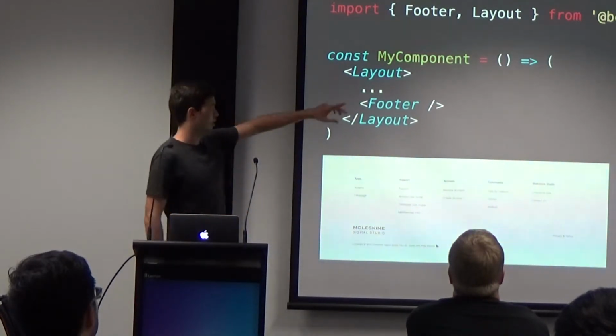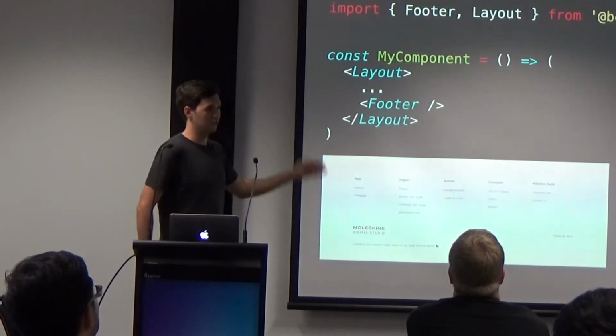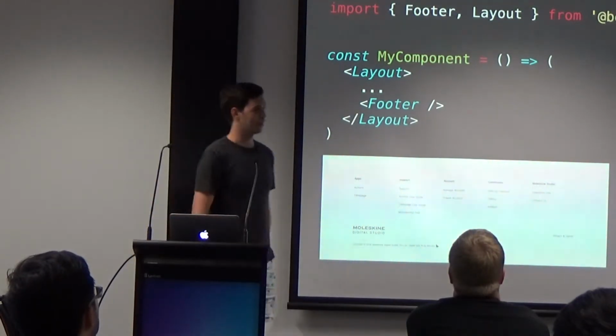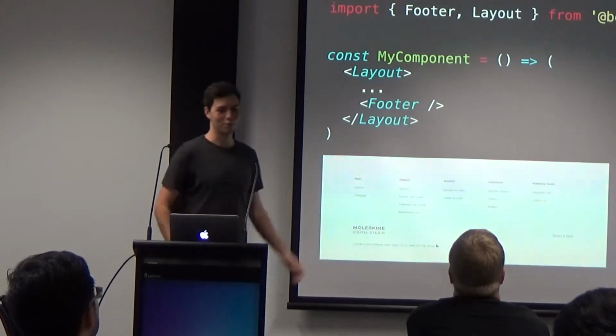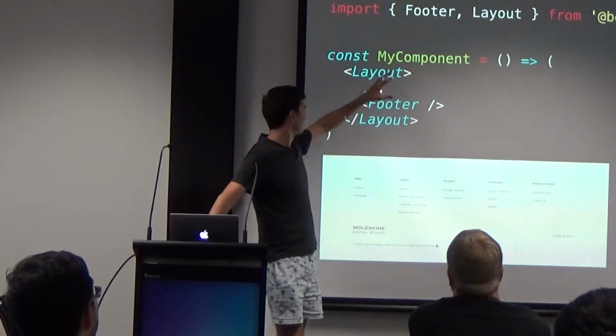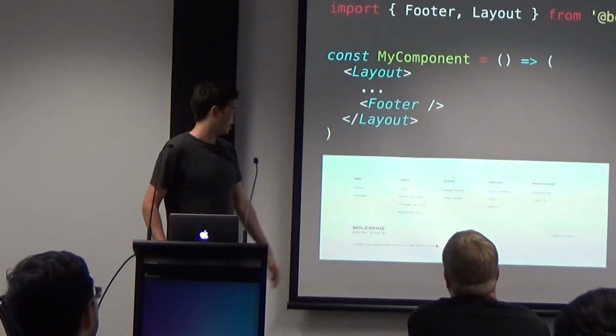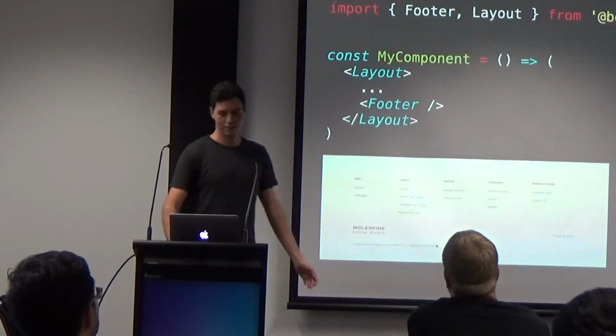We have a JavaScript library, which is actually public, so if you want to make your website look like mine, you're welcome to. You can basically just import the components, wrap it in a layout component, chuck the footer in there, and it will look like that, which is pretty cool.